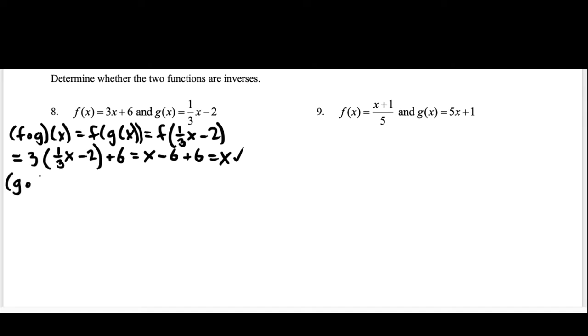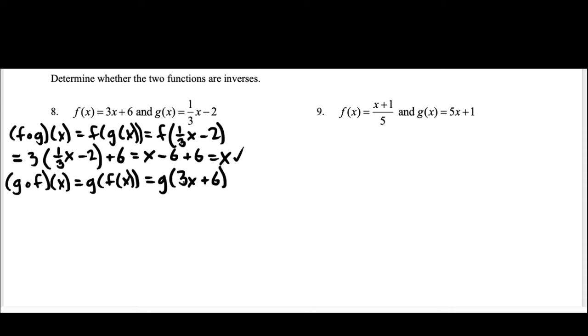Compose it this way. This is g of f of x, which equals g of 3x plus 6.